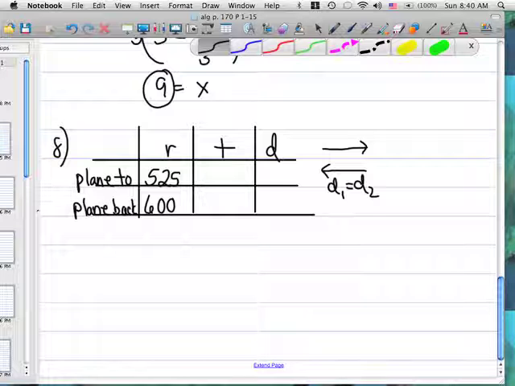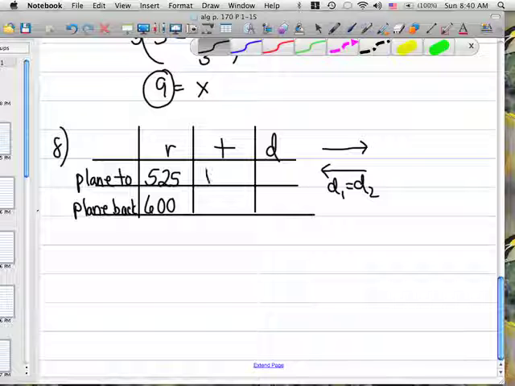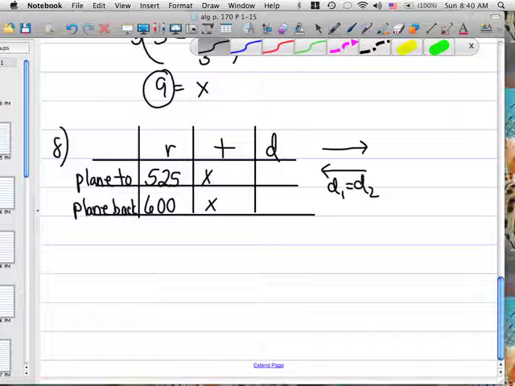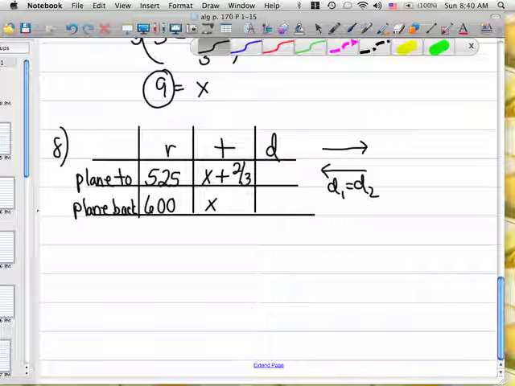It says it took the plane 40 minutes longer to fly from Boston to Los Angeles. So if x equals the time coming back, which was shorter, going to it was longer, so it was 40 minutes longer, so that'd be x plus 2/3. 40 minutes is 2/3 of an hour.